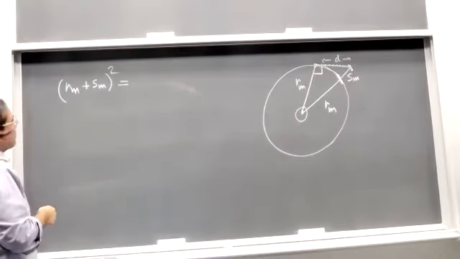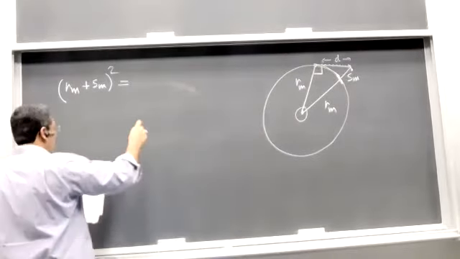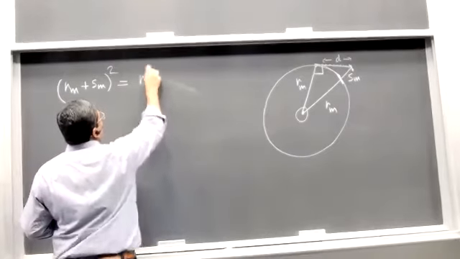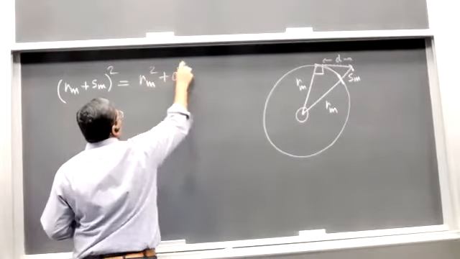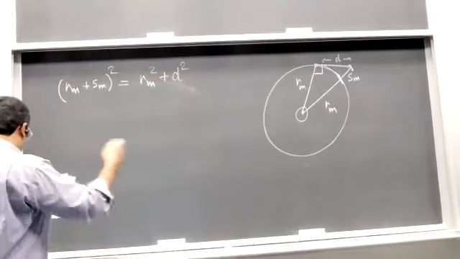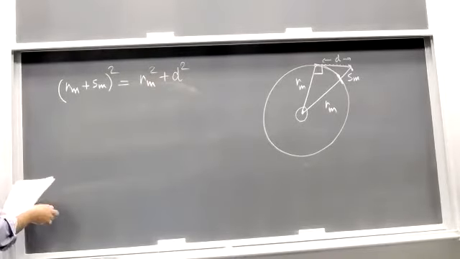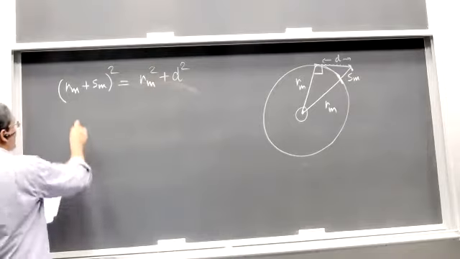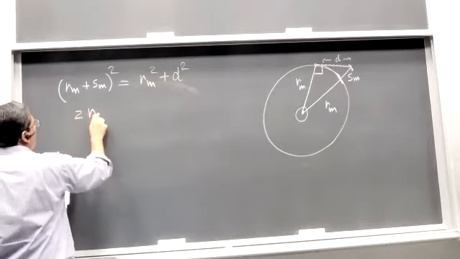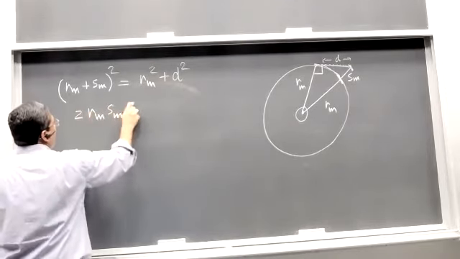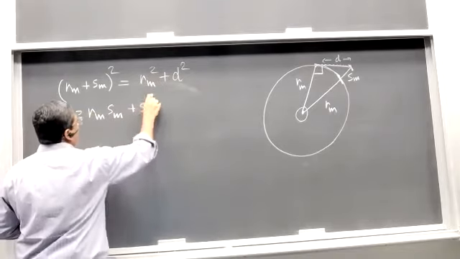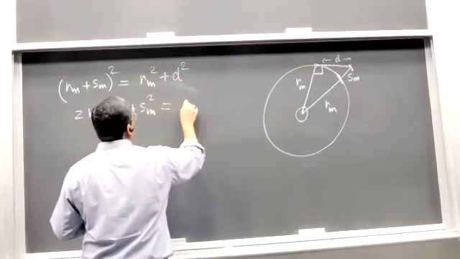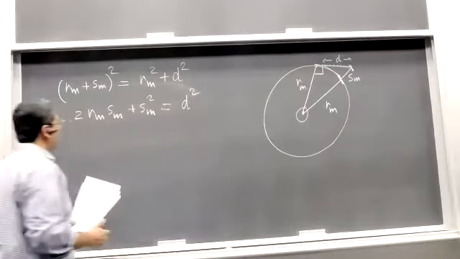Okay, so RM plus SM squared is equal to RM square plus D square. Now, if you open this square and cancel RM on both sides, you get 2RM SM plus SM square is equal to D square. All right.